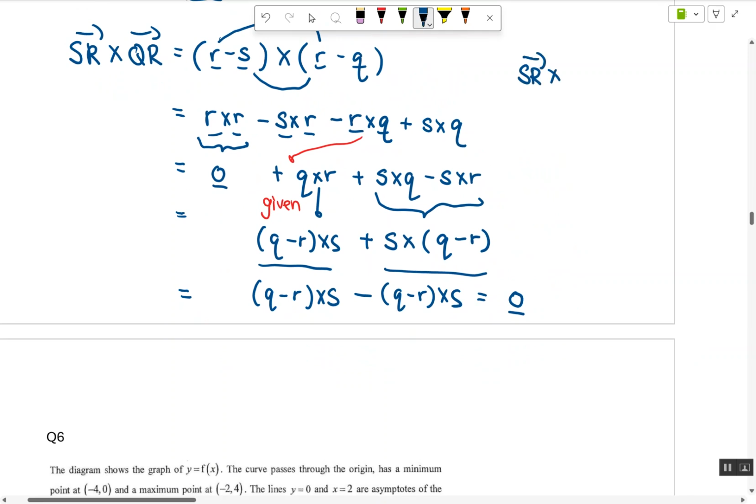SR cross QR is a 0 vector. This means that SR is parallel to QR. Therefore, SR is equal to K times QR, shown.